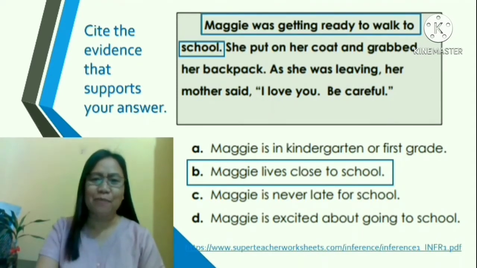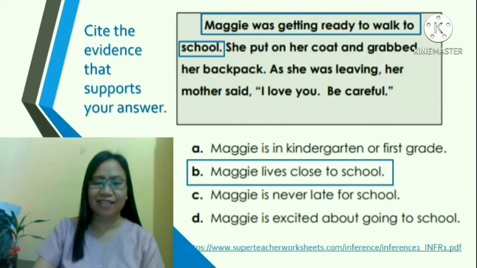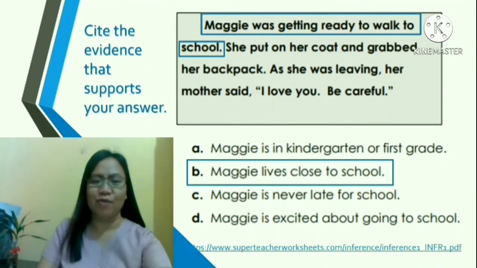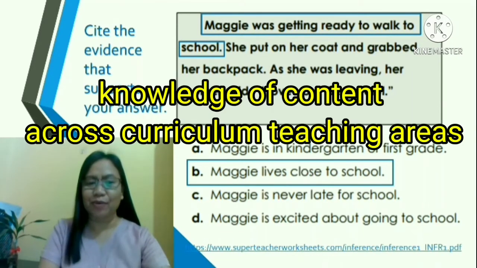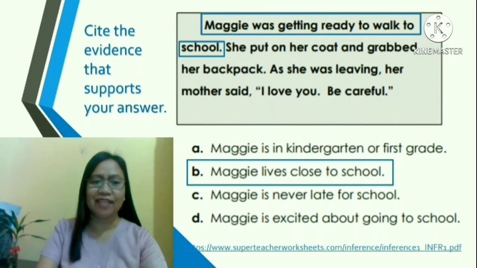All right. Maggie was getting ready to walk to school. So that's the evidence.